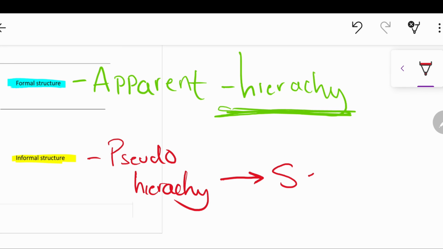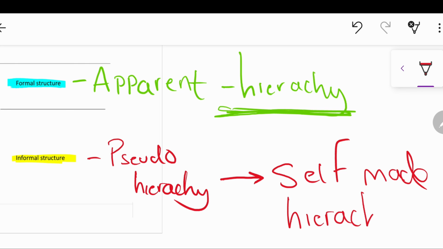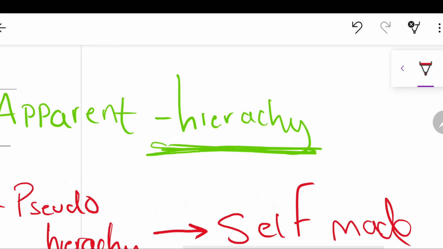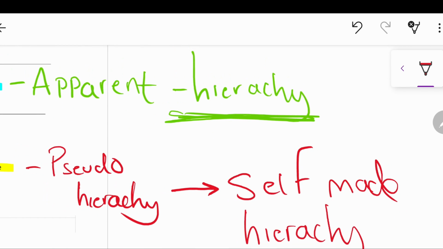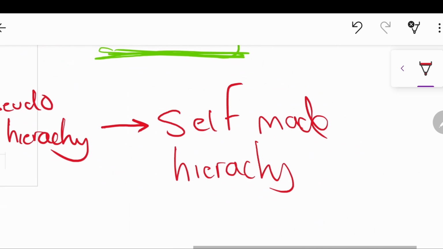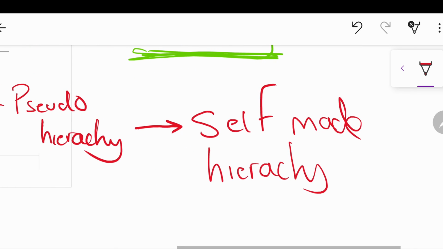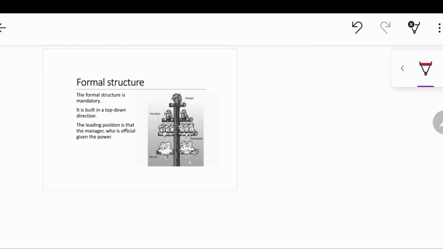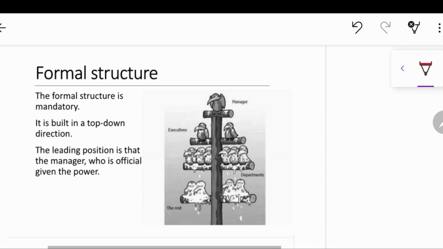So this is a self-made hierarchy. It's not a formally made hierarchy that's outside of the human resource, but it's something made within. Now we'll see the formal structure is formal.